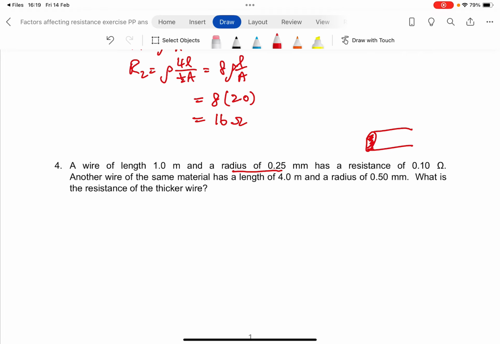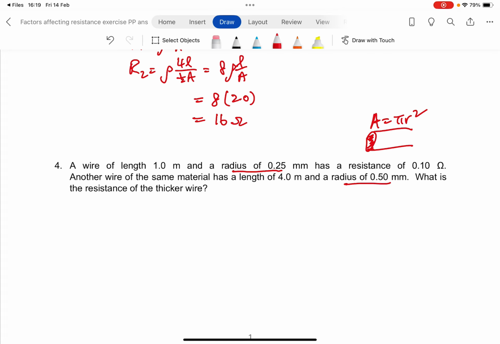So if you assume that it's a circle, then the area is equal to pi r squared. First of all, we need to determine the relationship between the old and the new wire, wire 1 and wire 2, in terms of their areas.